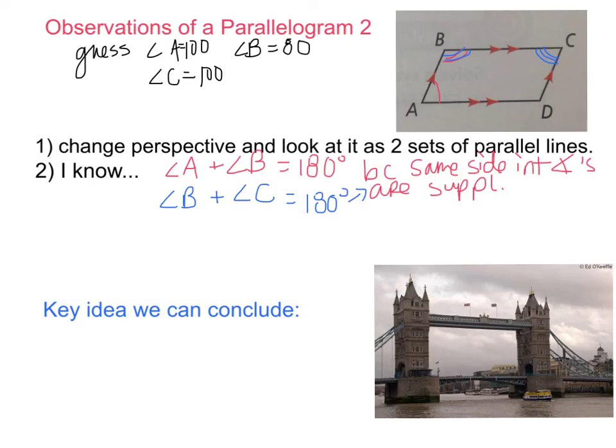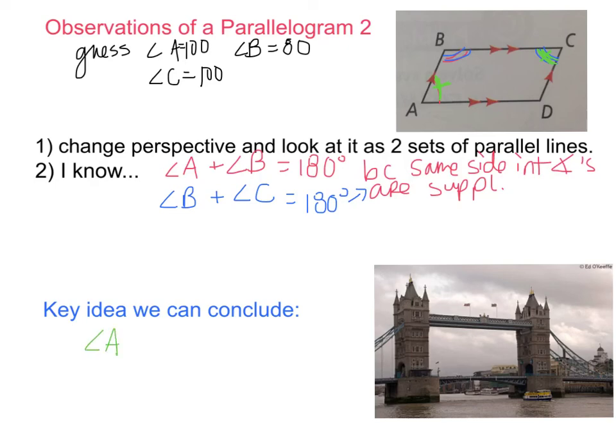So this is a theorem that you actually learned a while ago. It says that if two angles are supplements to the same angle, then they're congruent. So here's what I'm concluding. Let me go ahead and grab my green marker. I can conclude that angle A and angle C are congruent. So let's go ahead and write that.